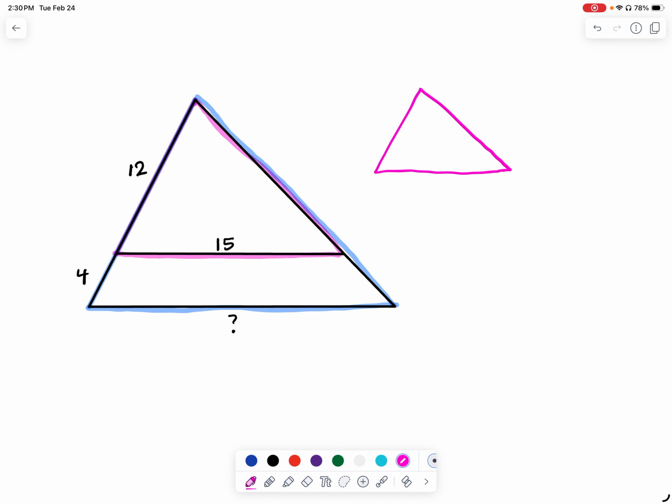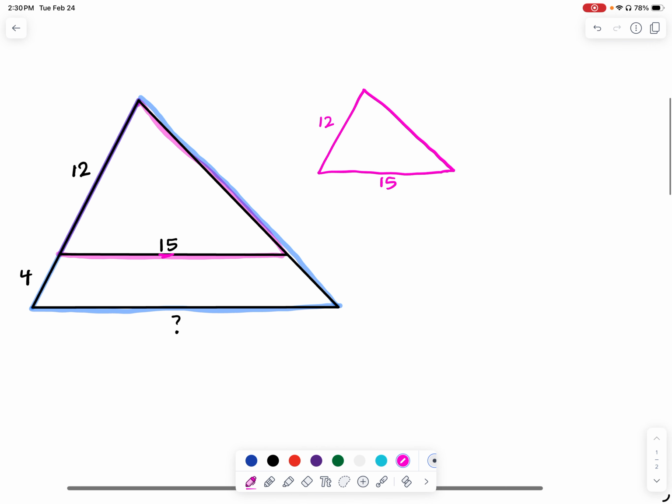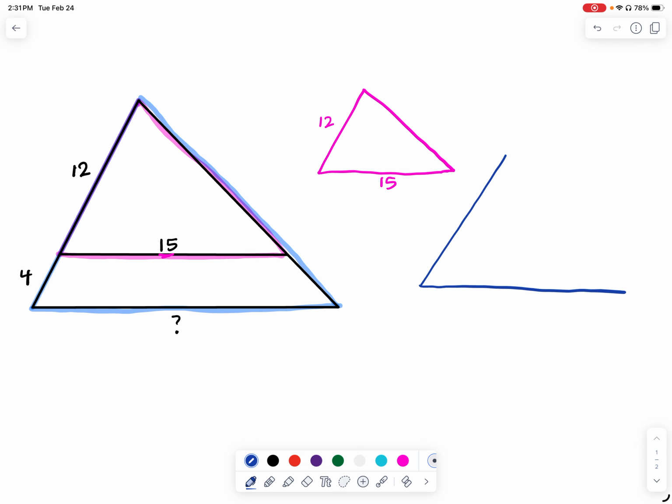The measurements that I know on the small triangle are 12 and this 15 right here. So I'm going to put that down here. And then I also have this big triangle, which I did in blue. I'm going to put this next to here. Again, not perfect, but good enough.